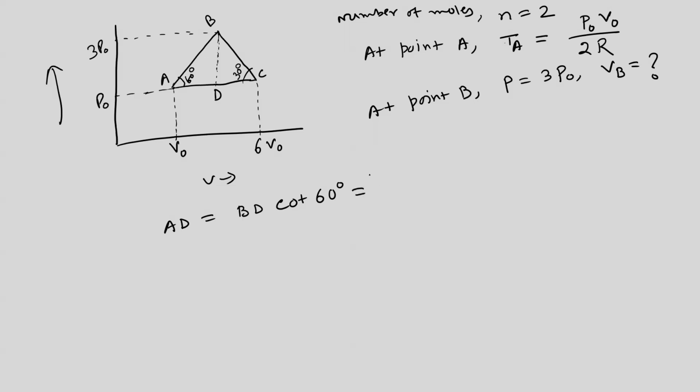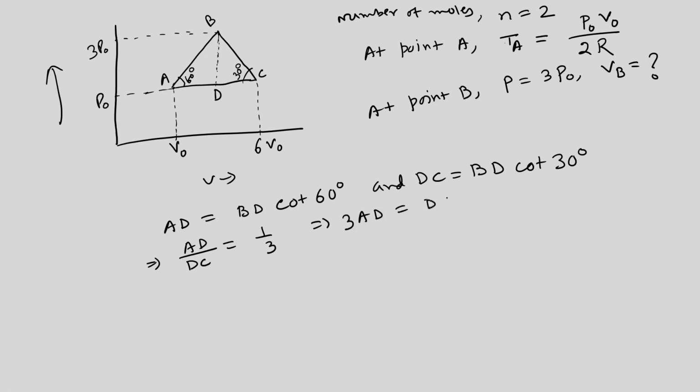So, we get AD by DC is 1 by 3, okay, because we can write AD is this and DC is BD cot 30 degree. So, if we take the ratio of these two, we get 1 by 3, or we can write 3 AD is DC.